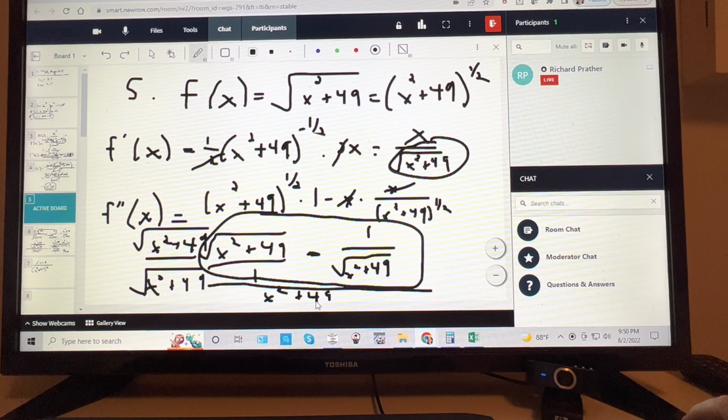So would you have to get that common denominator? 49. Okay, so then it's kind of a mess at that point. I should still be able to put this together like I did. I don't see how that x squared would go away. Okay, x squared plus 49.